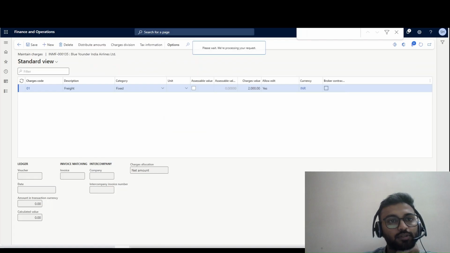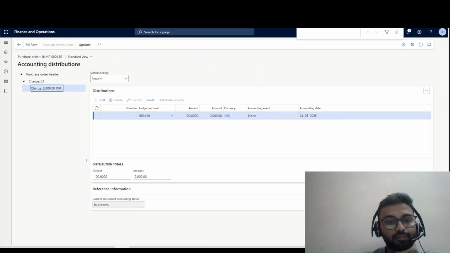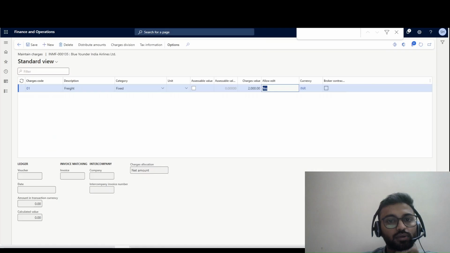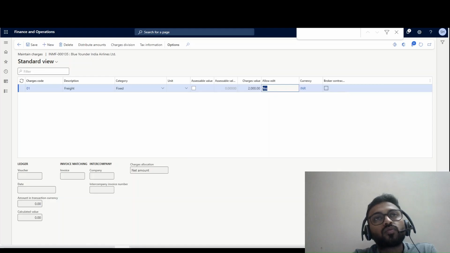I'm facing a system slowness issue. Okay, no issue. So here, if you see, I have an accessible value option. If you are doing the charges entry in any other legal entity, this button is not there.